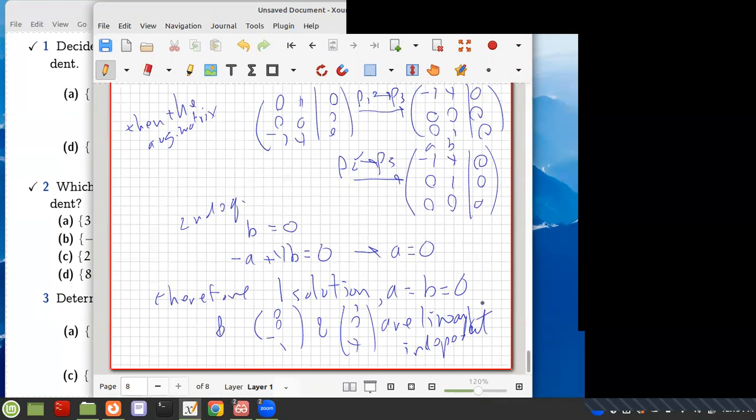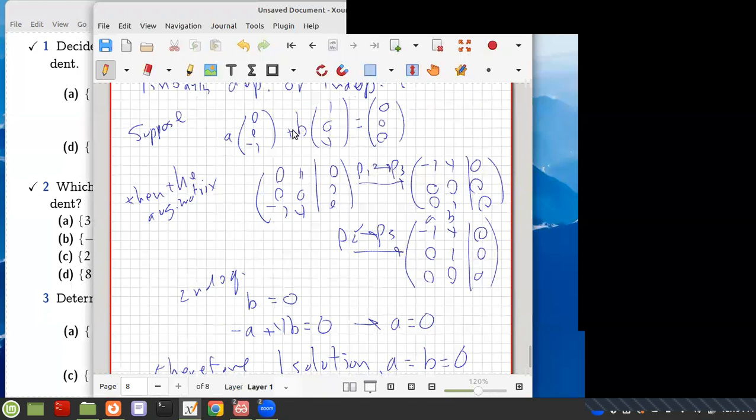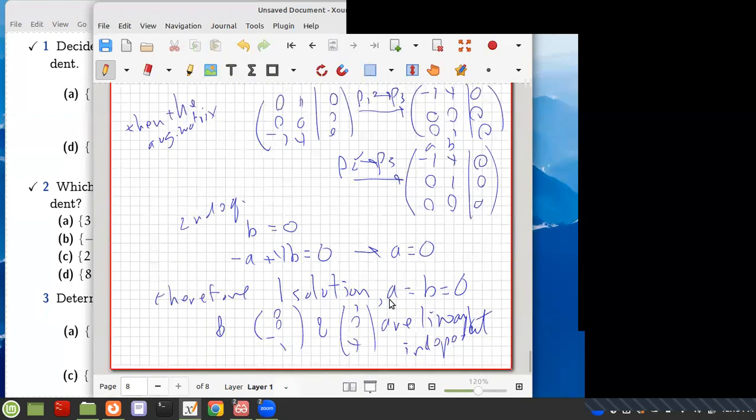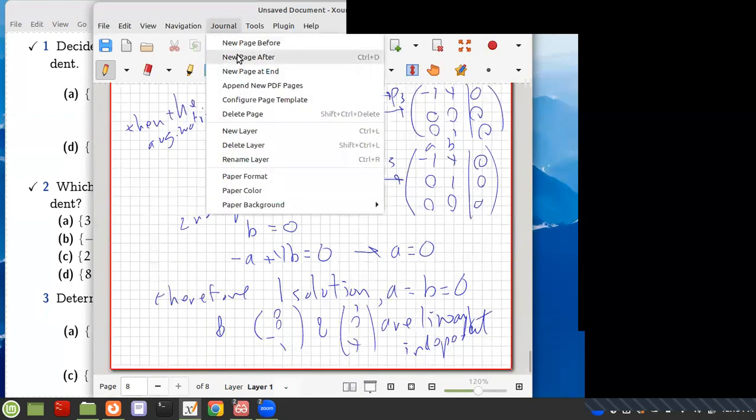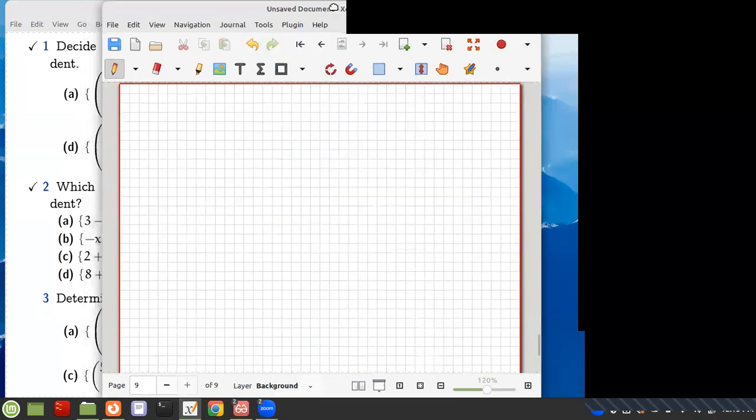Questions? That's more or less what you guys would do, though you're probably less expansive, but you can sort of see the flow. The thing you have to do is suppose the linear combination equals 0, write the augmented matrix and the equations, and then reach the conclusion that A equals B equals C equals 0. Okay.